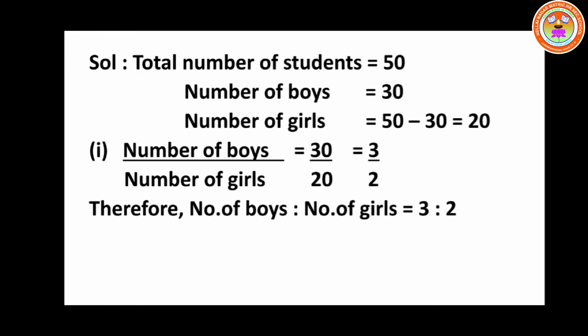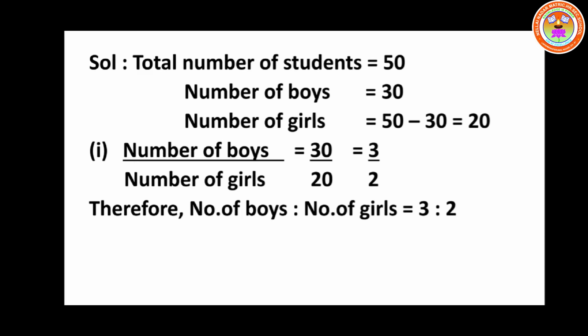Subdivision 1. What is the subdivision 1 question? Number of boys to the number of girls. So that is nothing but a ratio you have to find. So you can write number of boys divided by number of girls, which is equal to, how many boys are there in the class? 30. How many girls are in the class? 20. So 30 divided by 20. You can cancel by 10, or you can cut it in the 10 table also.